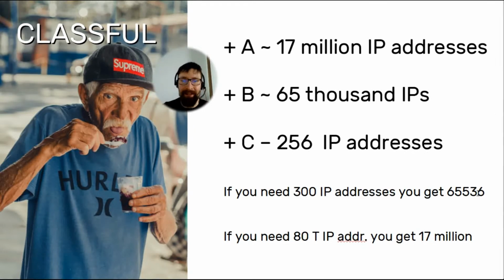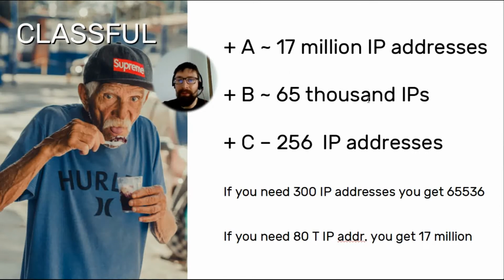So if you need a little more, let's say you need 70 or 80,000 IP addresses, you get 17 million. So 16 point whatever million IP addresses get wasted. This is a huge waste of IP addresses. And so they decided not to work with these classes, because if you're not within Class C, you have to go to Class B, and there is nothing in between. If you're not within Class B, you have to go to Class A, and there is nothing in between.